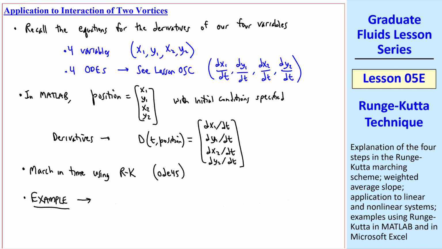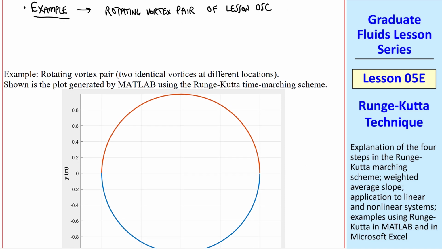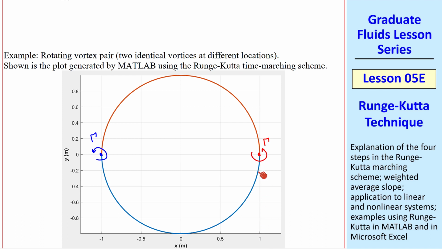I'll show the results for an example, namely the rotating vortex pair of lesson 05C. This consists of two identical vortices starting at two different locations. One vortex started here with circulation gamma and the other vortex started here with the same circulation gamma, namely at 1 and -1 along the x-axis.